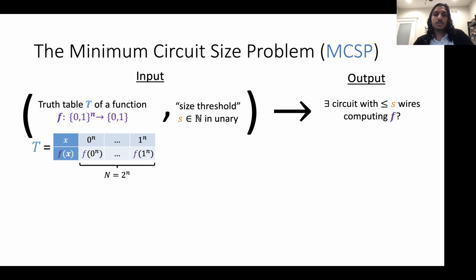Are there any questions about the definition of MCSP? So it's S wires, it's not the size, it's not the depth of the circuit. Right, so you could imagine different size notions here. One thing might be wires, another thing might be gates.